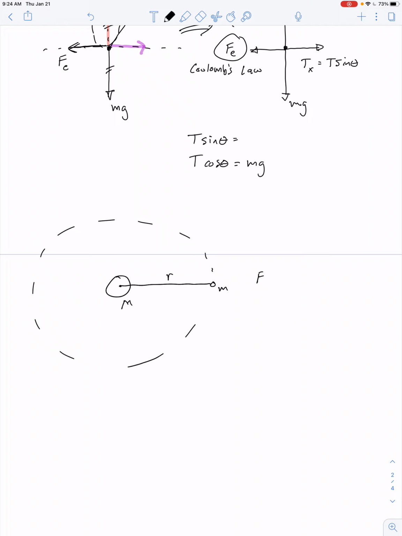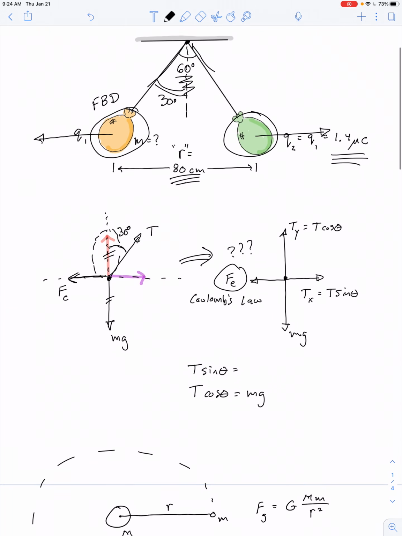Then we know the force of gravity between the two is a universal constant times the mass of the attractor times the mass of the orbiter divided by the distance between them squared. Well, in the case of two charged particles, Coulomb's law says the electrostatic force is equal to a constant multiplied by the charge of one object times the charge of the other divided by the distance between the two of them squared.